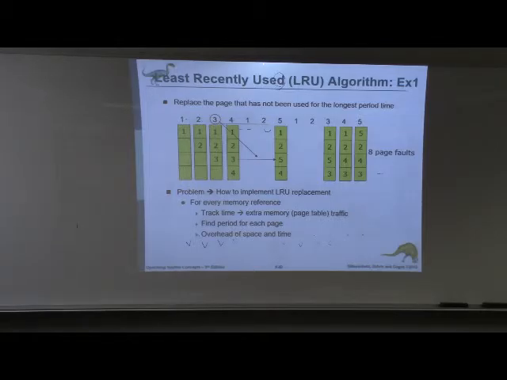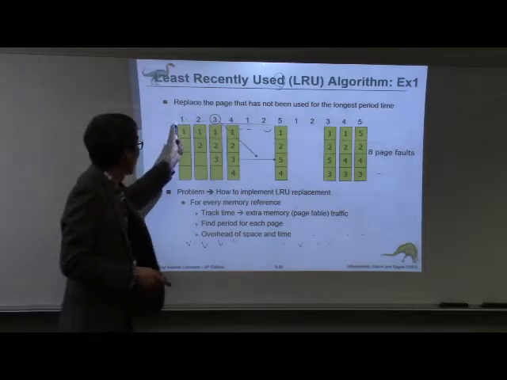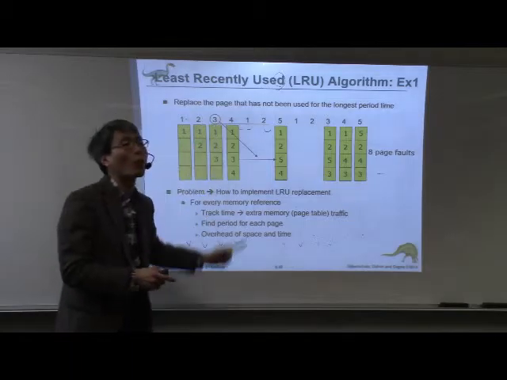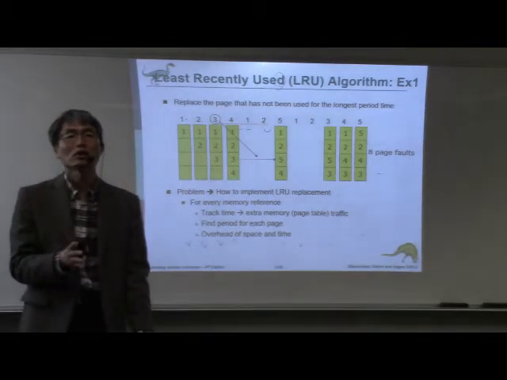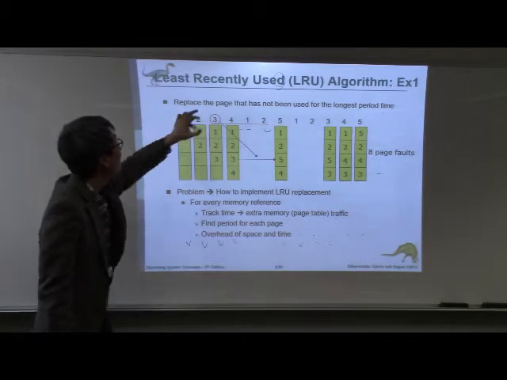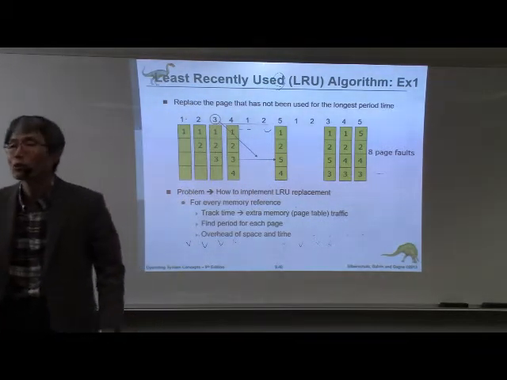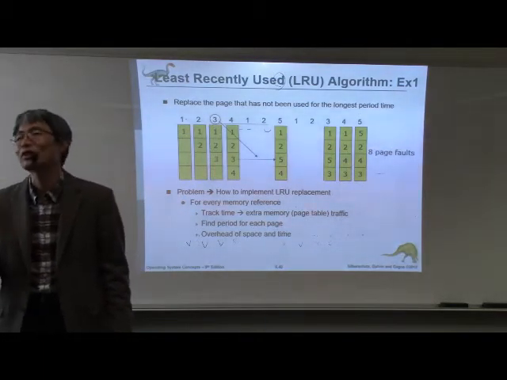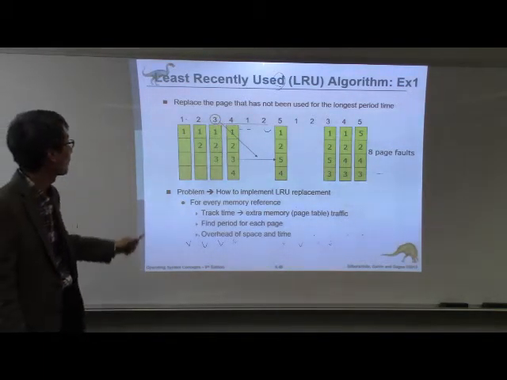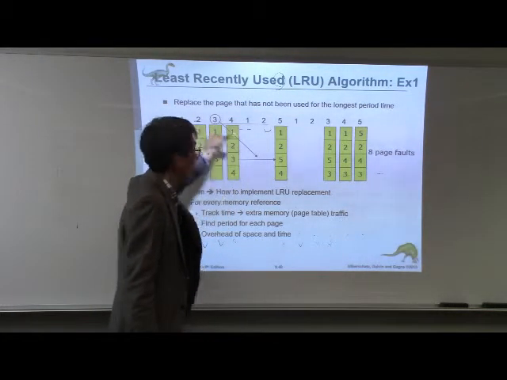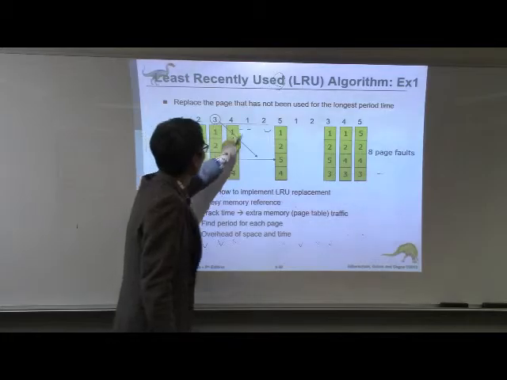So at that time, instead of the arrival time, we will consider when it was last used. Then we try to keep the recently used one, and also we try to decide the victim page as the least recently used one. Okay. So for example, up to this point, it's automatically page 4 because we do not have anything. Then 1, 2 is okay.